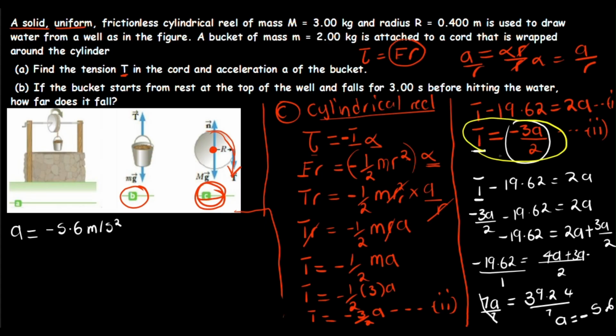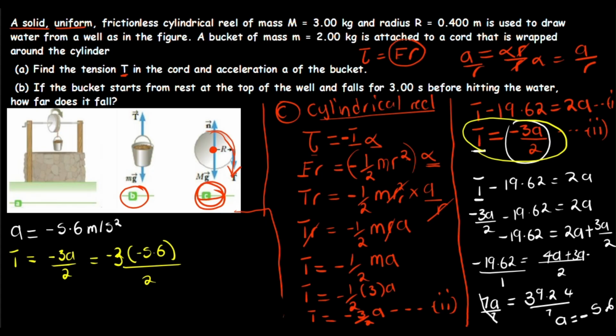Now for me to find the tension, I'll get this equation 2. So tension is equal to negative 3A over 2. So where there's A there, I'll put negative 5.6 over 2. Now, negative times negative, what is the answer? So it will be positive there.